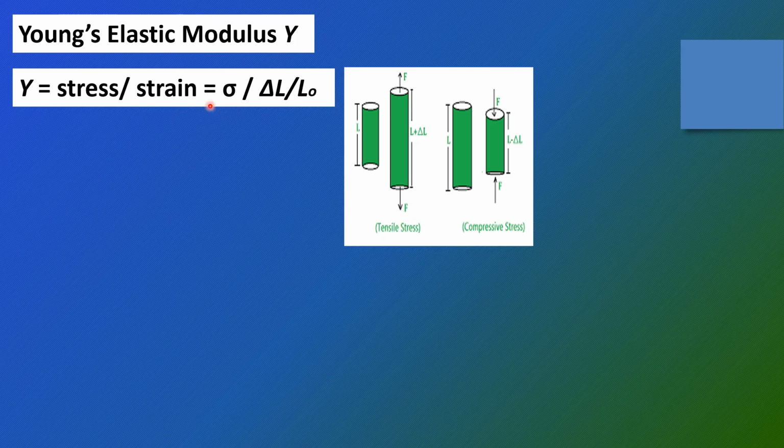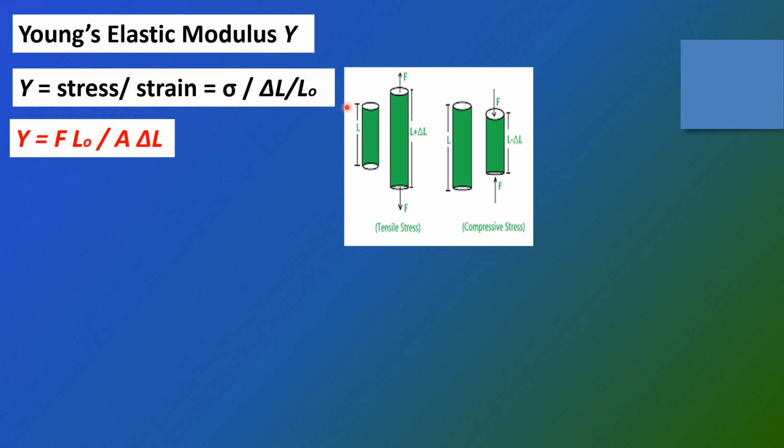right? If we represent tensile stress with the Greek letter sigma, and tensile strain being equal to delta L over the original length, or delta L divided by L naught, then we come up with a formula for Young's elastic modulus, capital Y, okay?